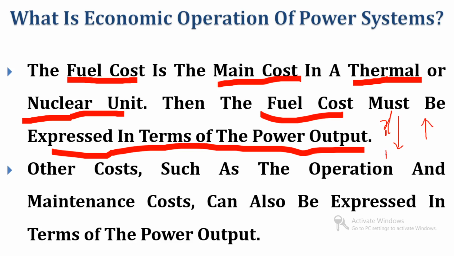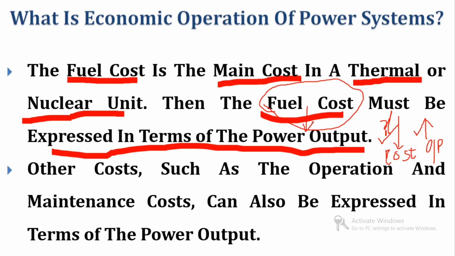So we can say that this is the economical operation. At low fuel cost we get high output, so this is known as the economical operation. So we will directly compare the fuel cost with its output.